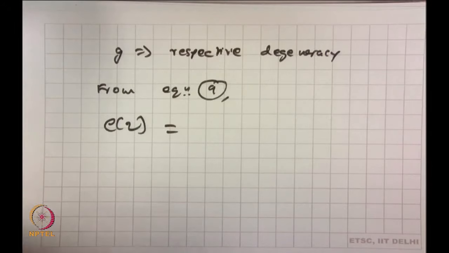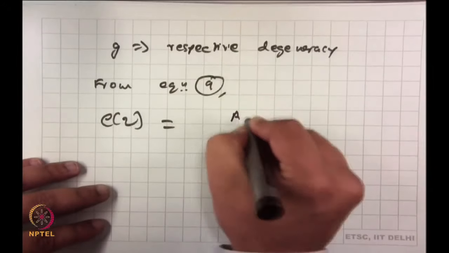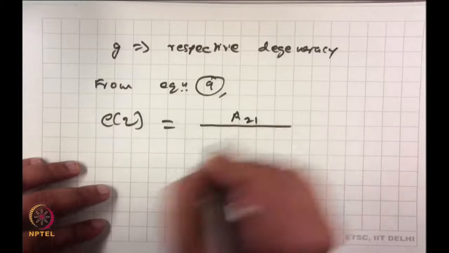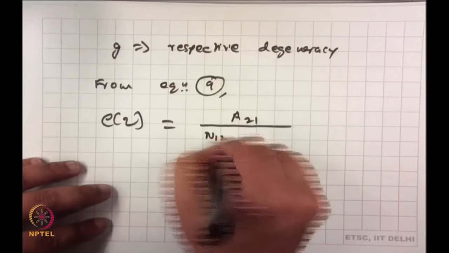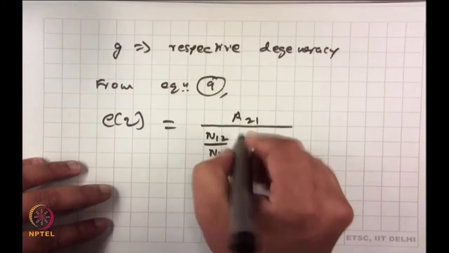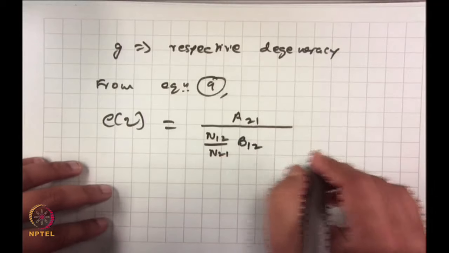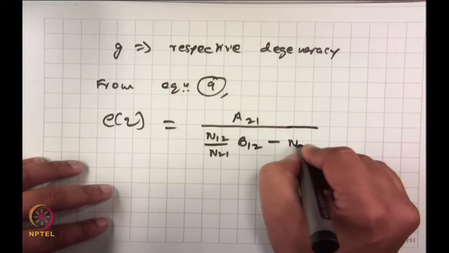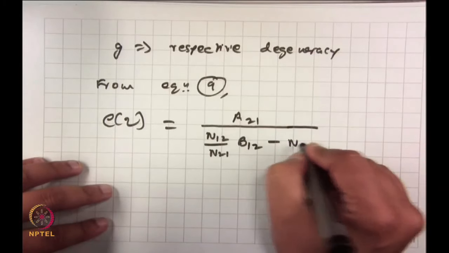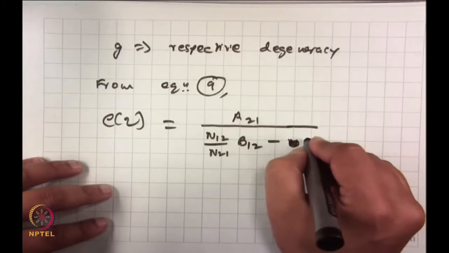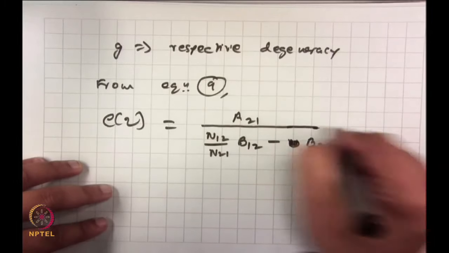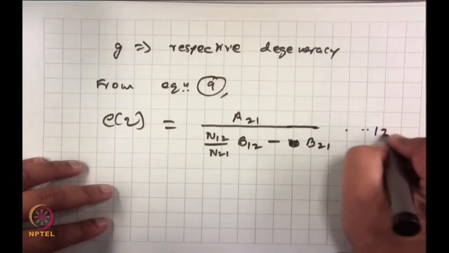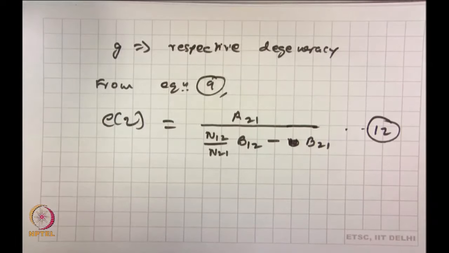So, what I can do is I can write A21 by N1 to N21 times B12 minus, N21 will be cancelled actually, minus B21. This is number 12. So, I am dividing throughout by N21.